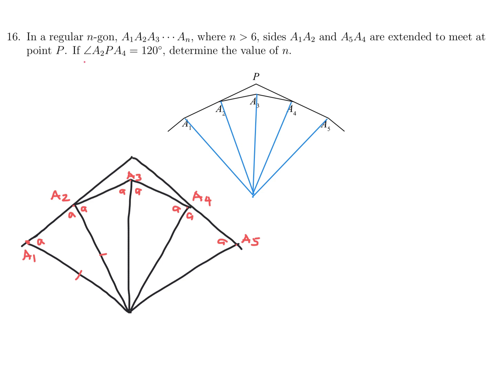Okay. Let's see, where do I go next here? Oh, they've given me one. A2, P, A4. This is 120 in there. Okay, that helps. Yeah, I think that helps. And then if I were to join that guy, then that means that that angle in there would be 60, and that angle in there would be 60.